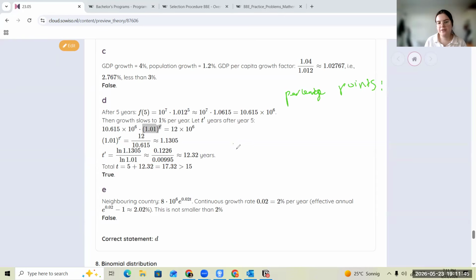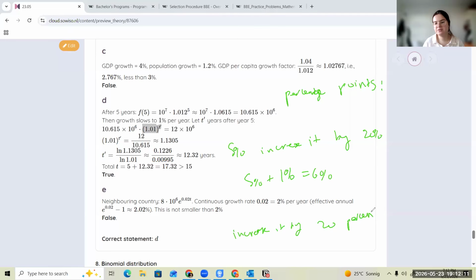If I say that I have 5% and I increase it by 20%, that means I increase 5 by 1/5 of 5, so I get 6%. If I increase it by 20 percentage points, I get 25%, not 6%. So be careful with the wording.